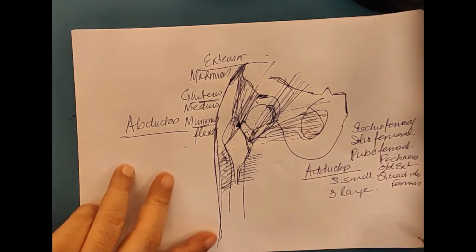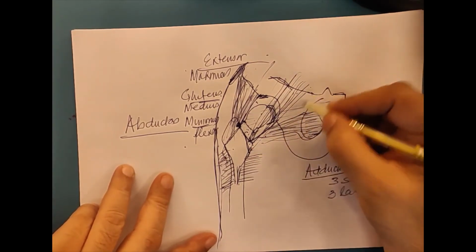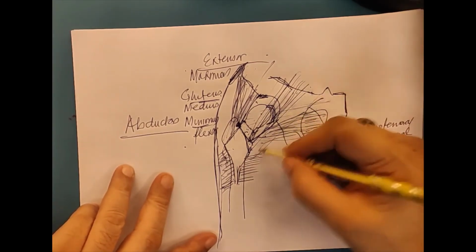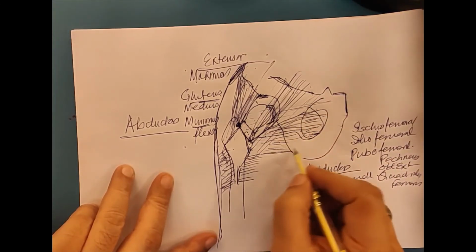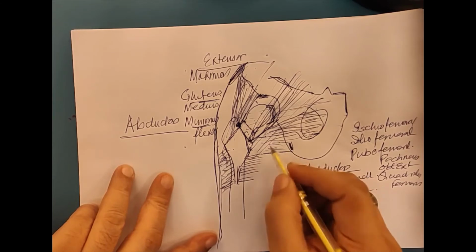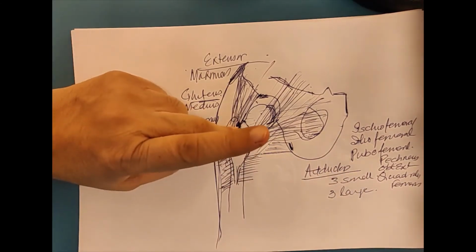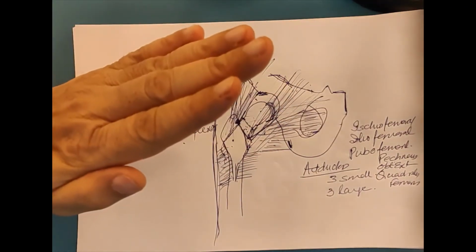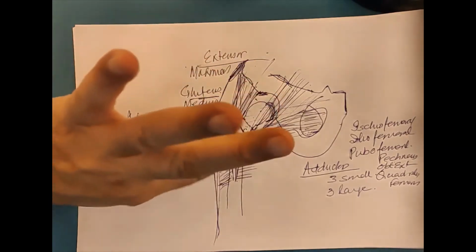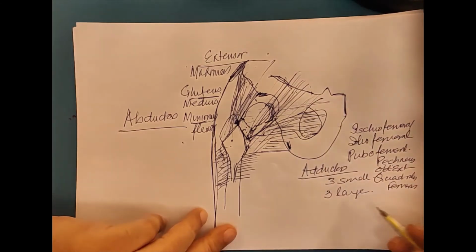So this is the obturator externus muscle. Anteriorly it is covered by the pectineus, and posteriorly it has the quadratus femoris, which is arising from the ischial tuberosity and getting inserted into the posterior surface of the trochanter. These are the 3 adductors, which are the small and superior adductors.